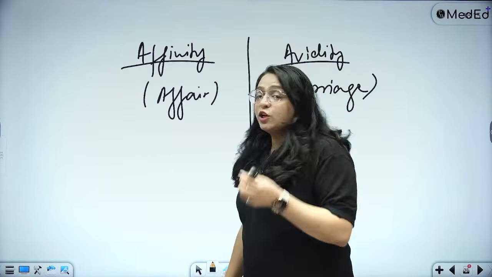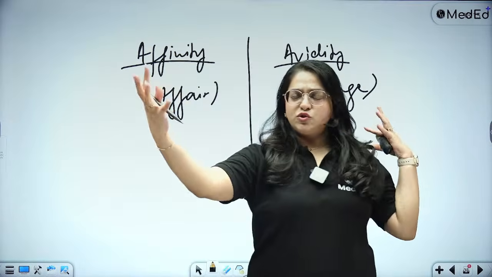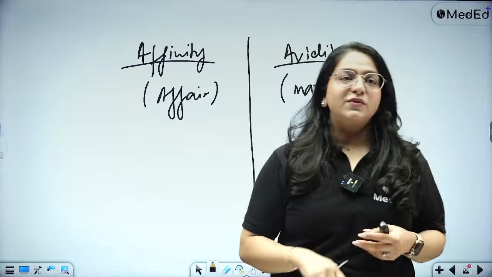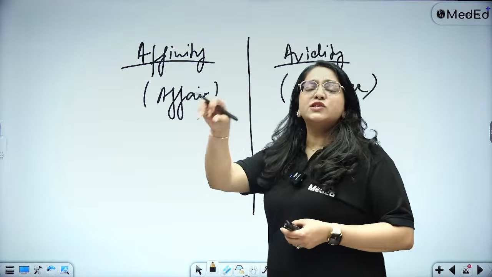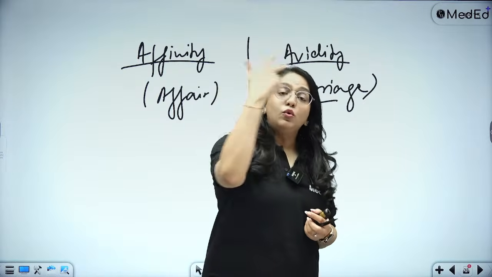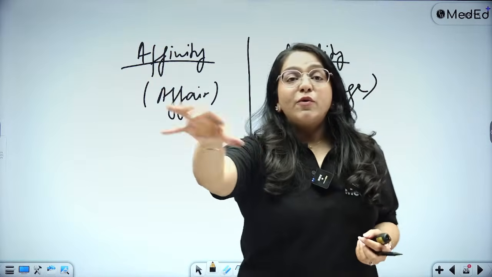I like you, you like me, but strong attraction is there. Oh, I'll leave the world for you, I'll fight with my parents for you, everything. That is affinity. What is marriage? Multiple points of attachment are there. We have children together, we have bought a house together, we have loans to pay together, we have old parents together. So we have multiple points of attachment.